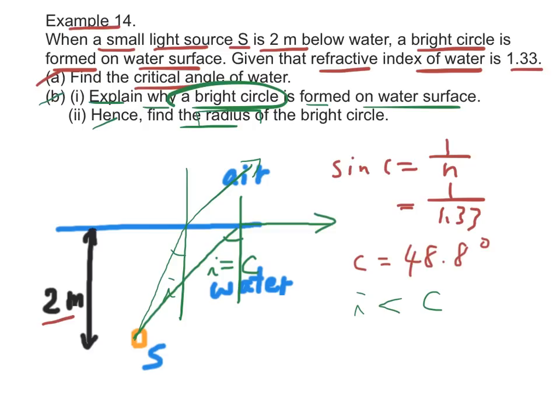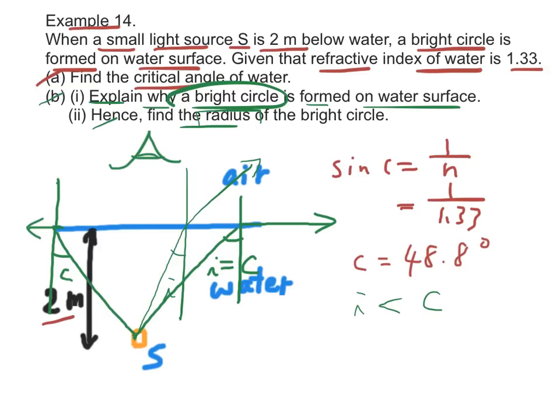By symmetry, there is another light wave traveling at an angle of incidence I equal to C on the other side, with refracted light along the boundary.